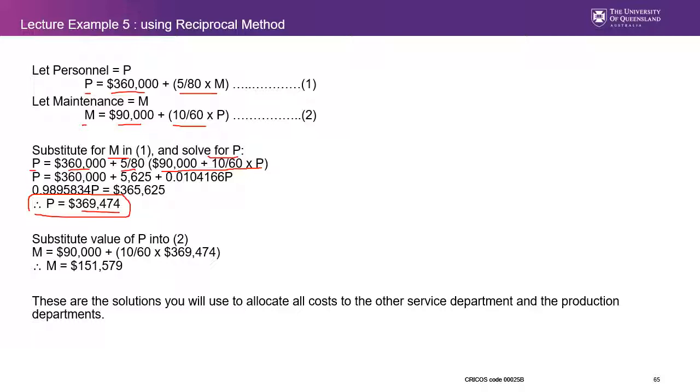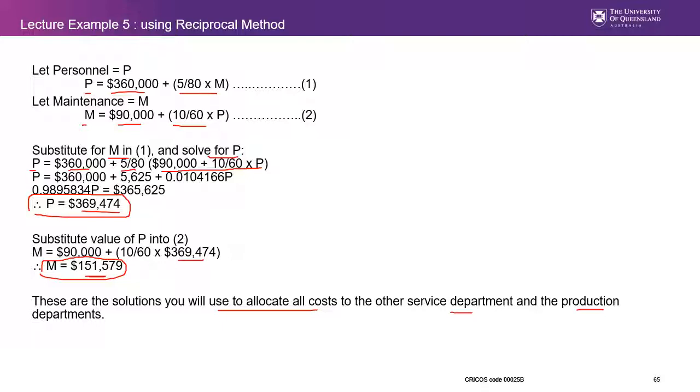We know that personnel total costs are 369,474, and for maintenance we substitute in this value for personnel, and we can solve the equation and know that maintenance cost is 151,579. So these are the solutions you'll use to allocate all costs to the other service department and the production departments.